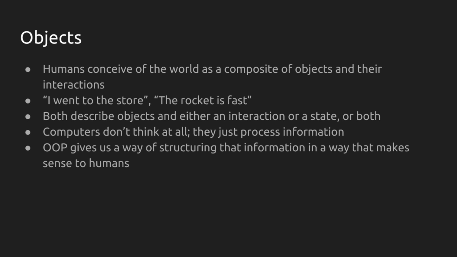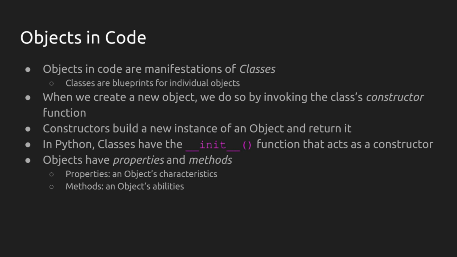So it feels more natural to write certain programs in an object-oriented way because we mentally contain information inside of objects. So when we create objects in a computer program, the objects themselves are manifestations of what are called classes. And classes are just blueprints for individual objects.